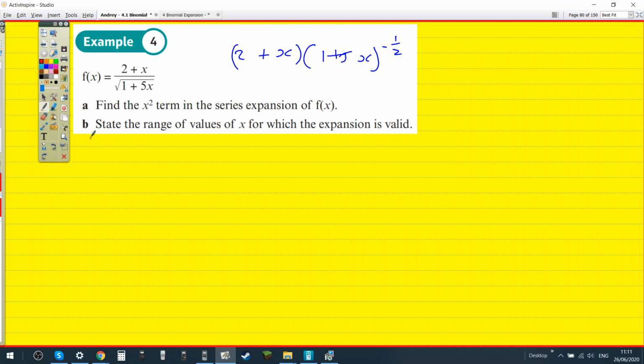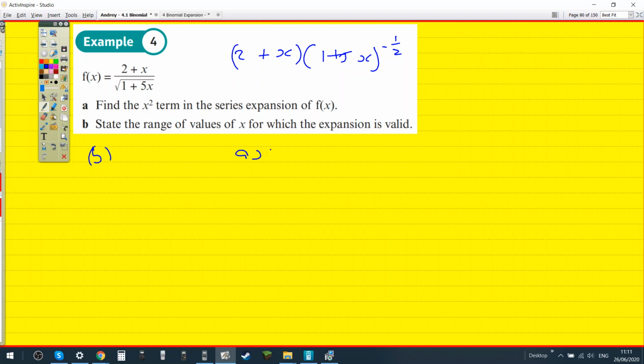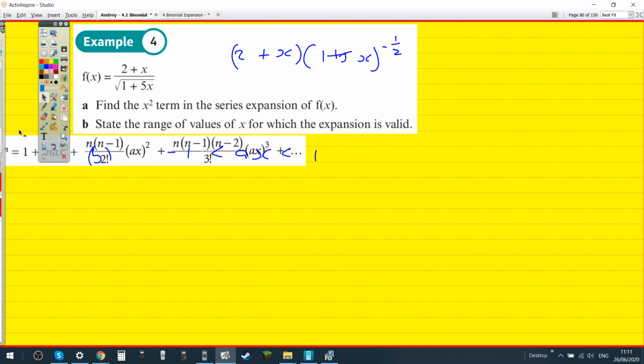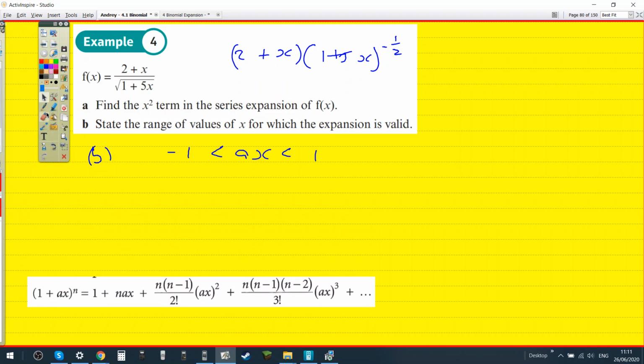Do you remember question B? The range that it's valid for is ax between -1 and 1. What is a? The formula only works for this type, 1 plus ax to the n.